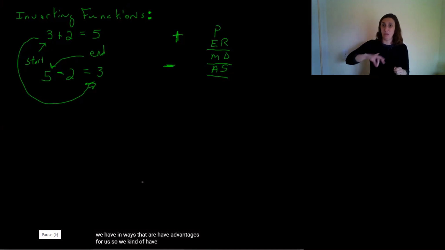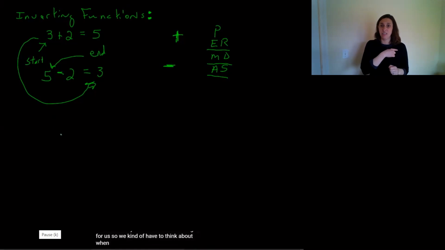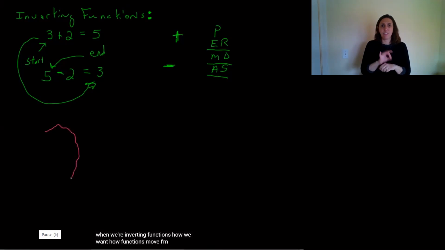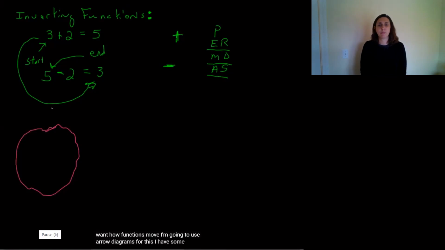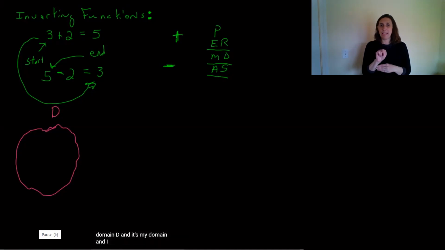So we kind of have to think about, when we're inverting functions, how functions move. I'm going to use arrow diagrams for this. I have some domain D, and it's my domain, and I apply a function.